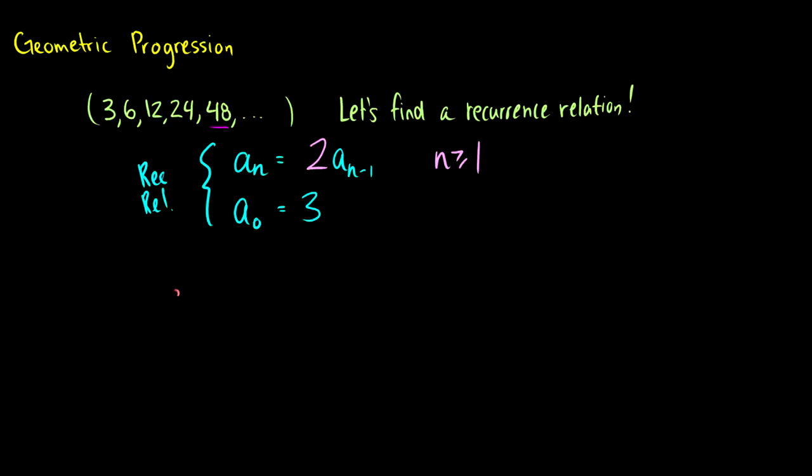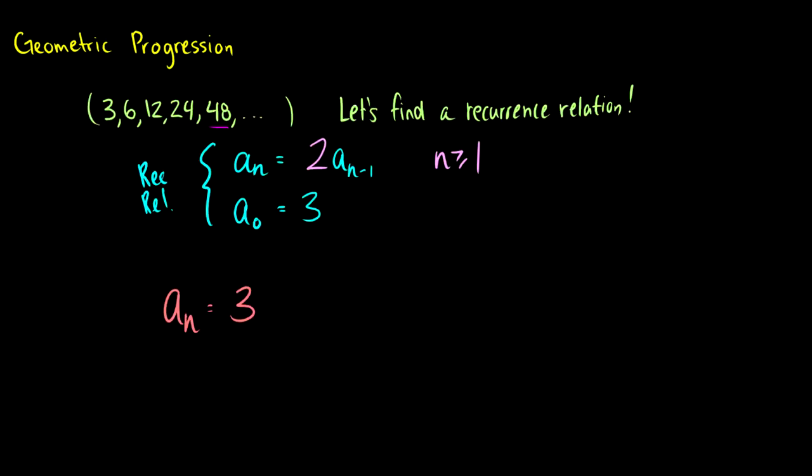So let's solve. a_n is equal to... well, the first number we want is 3. So we want a of 0 to equal 3. What's a good way of doing that? Well, we could take our number 3, but this needs to be multiplied by something.